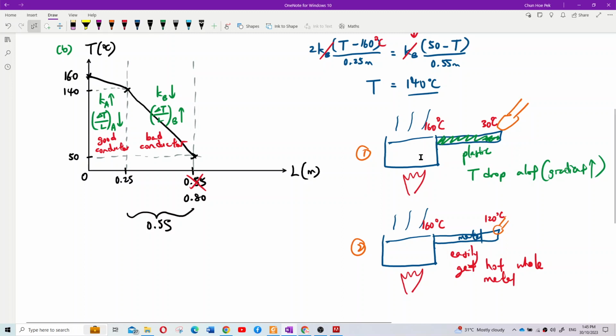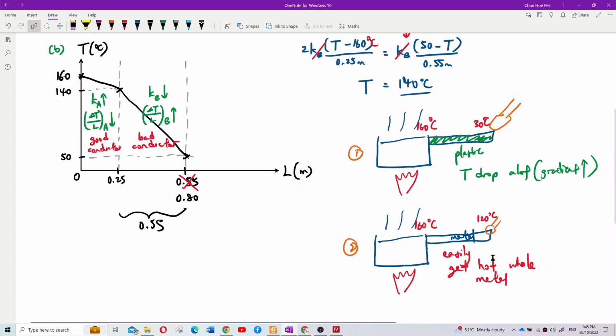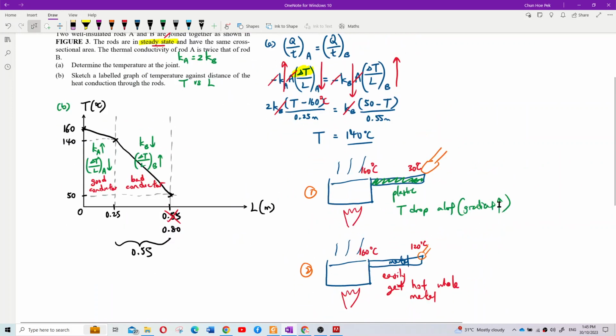So for plastic, a bad conductor, the temperature drop is big, that means you don't feel it's hot, it doesn't easily get hot. But for metal, it easily gets hot because the temperature drop is small. Like that. Understand, class? I hope you get it.